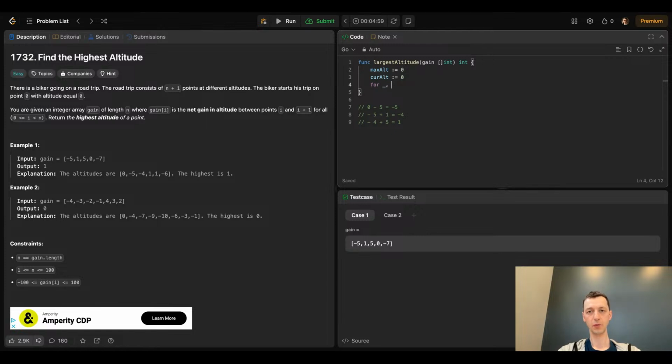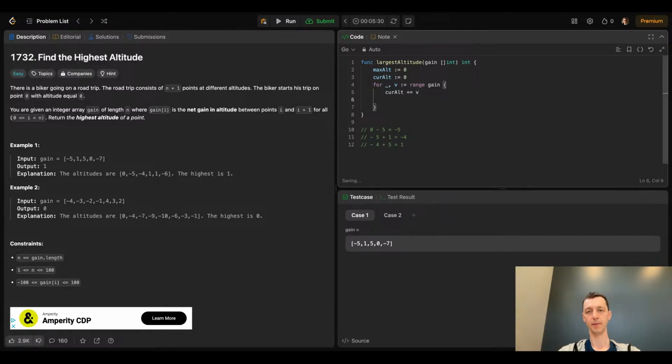So we're going to loop over the values, range gain. We don't care about the indices. So we have a value v, and current altitude is updated with v.